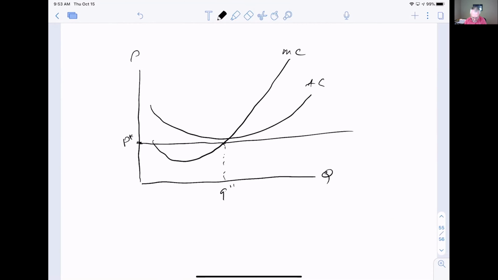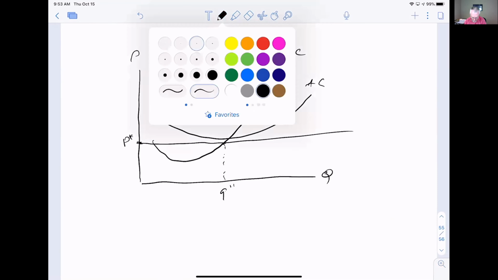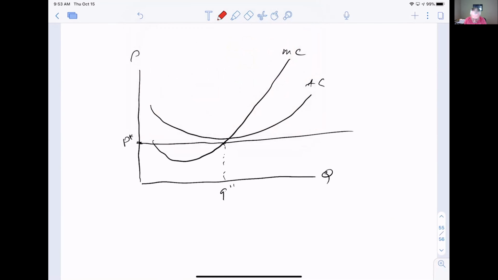And as you can see here, average cost now is greater than price. So profit now, which is going to be price minus average cost times Q, is going to be negative because price is less than average cost.